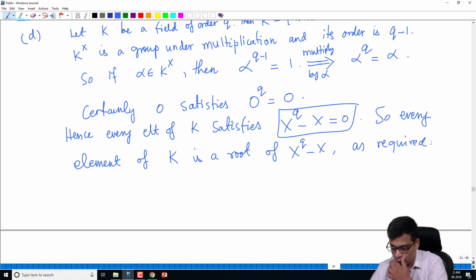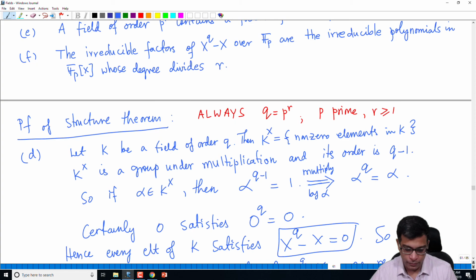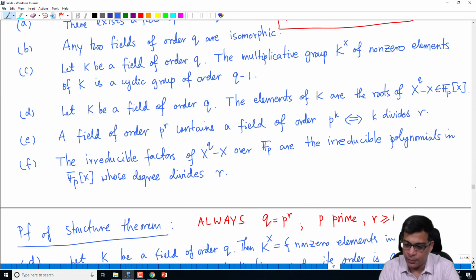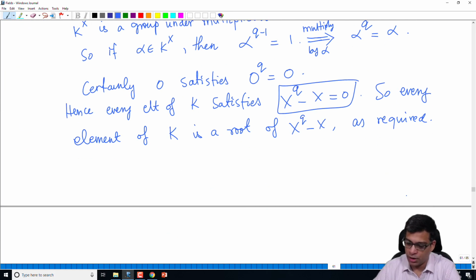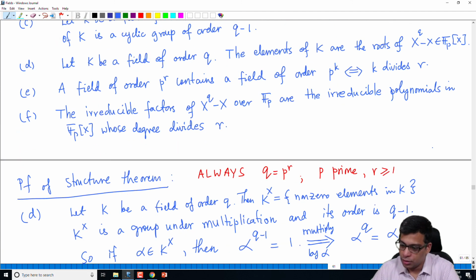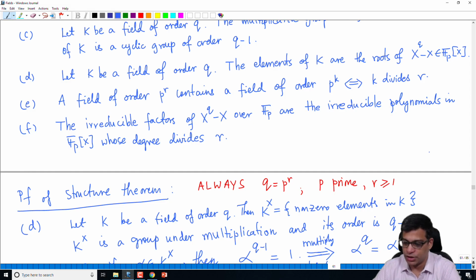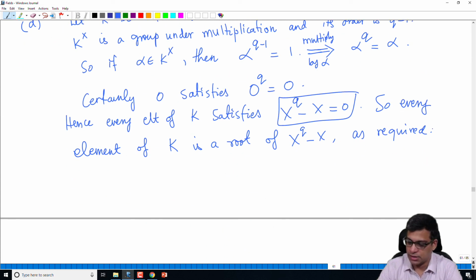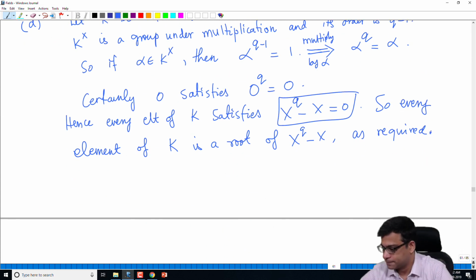So this is very simple. Remember, what did I say in D? I said every element of K is a root of x power q minus x, which is of course a polynomial over Fp, because the coefficients are 1 and minus 1, which are in Fp. So this is true. So D is done.